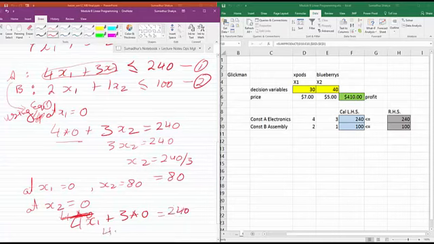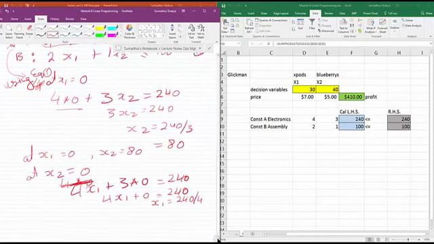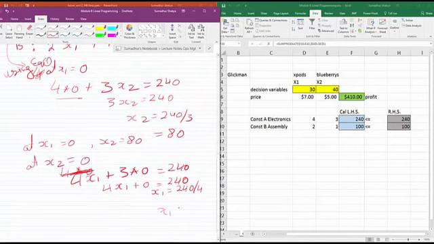Therefore it's 4x1 plus 0 equals 240. Therefore x1 equals 240 divided by 4. Therefore x1 equals 60.